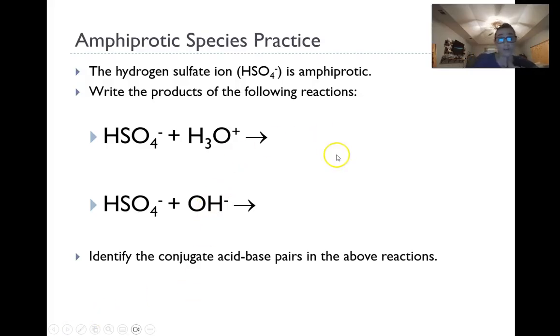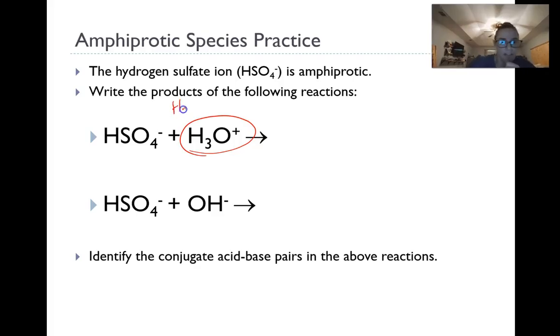So we're also going to practice writing reactions. For example, the hydrogen sulfate ion, after it has already lost one proton, is amphiprotic. Say you have sulfuric acid and water.